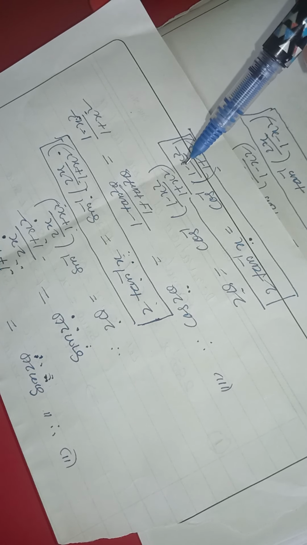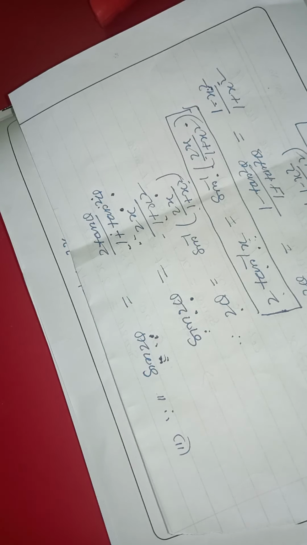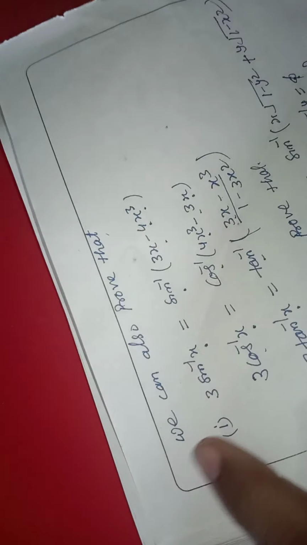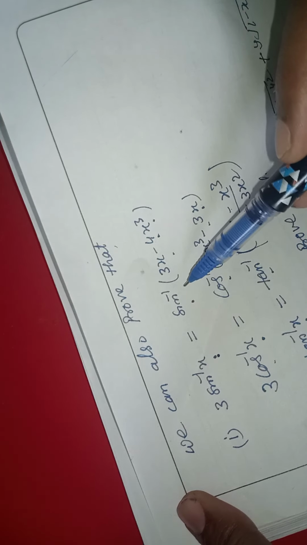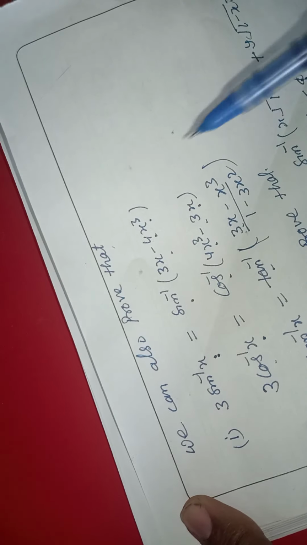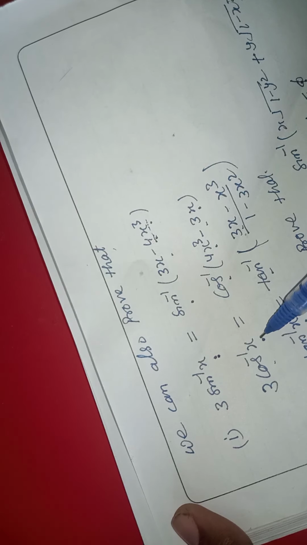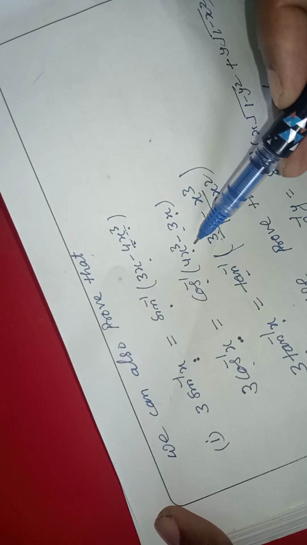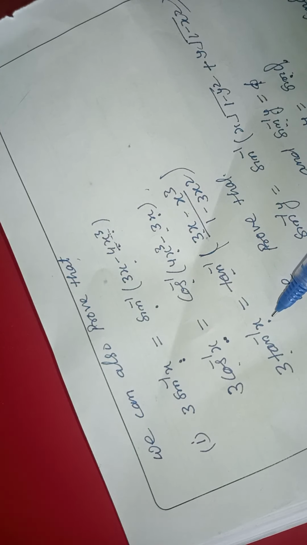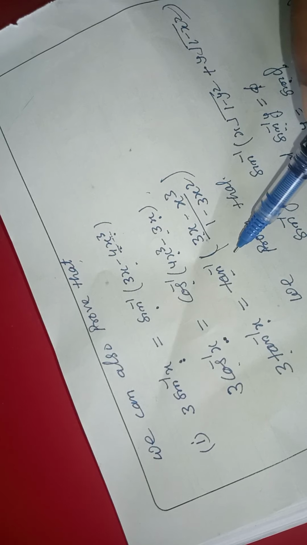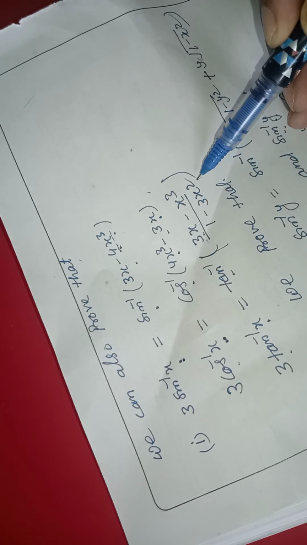And there are some more formulae which can be proved: 3 sin inverse x is equal to sin inverse 3x minus 4x cube, 3 cos inverse x is equal to cos inverse 4x cube minus 3x, and 3 tan inverse x is equal to tan inverse 3x minus x cube upon 1 minus 3x square.